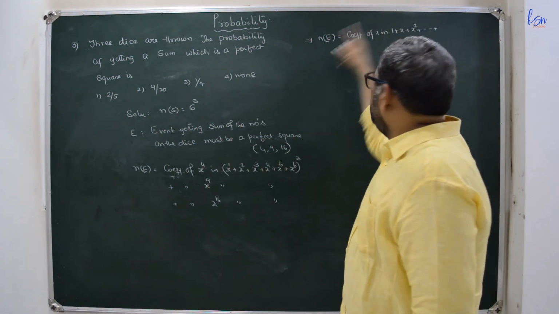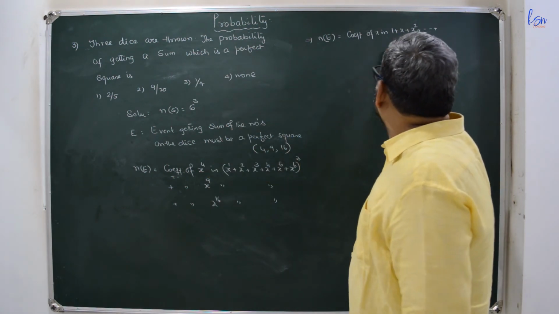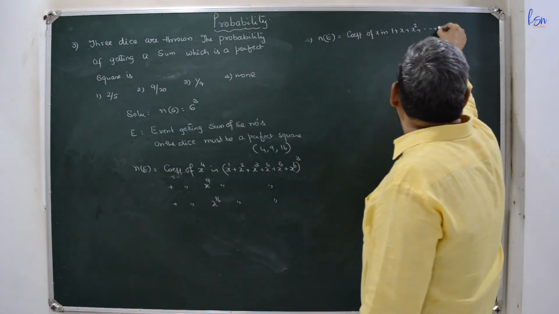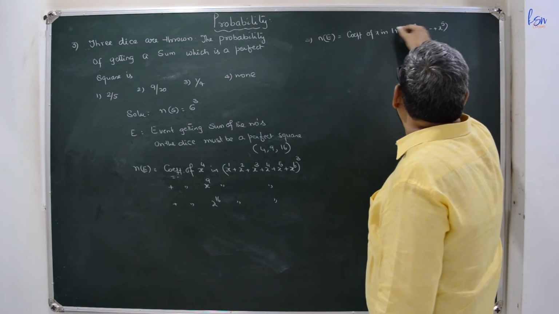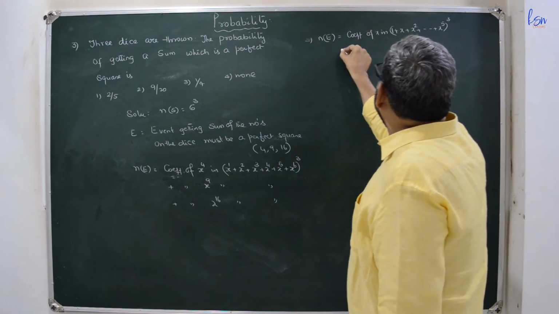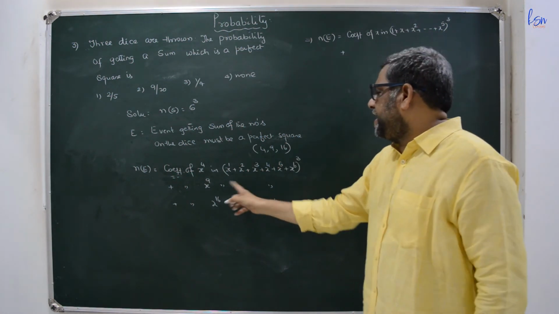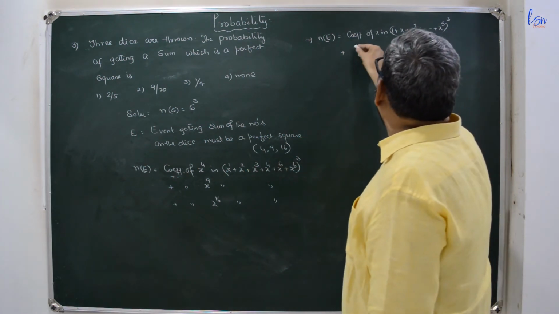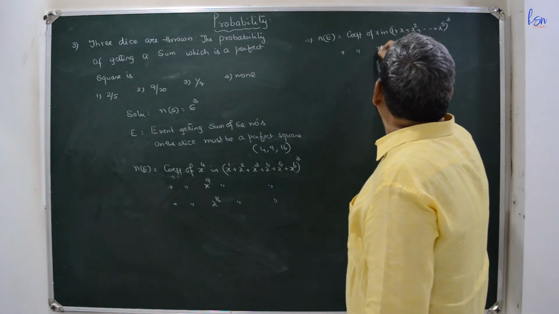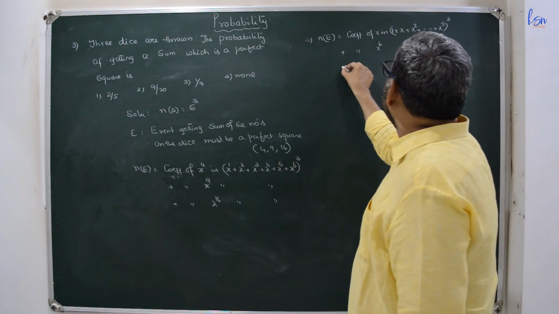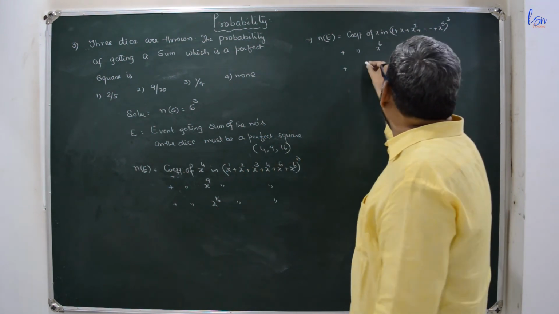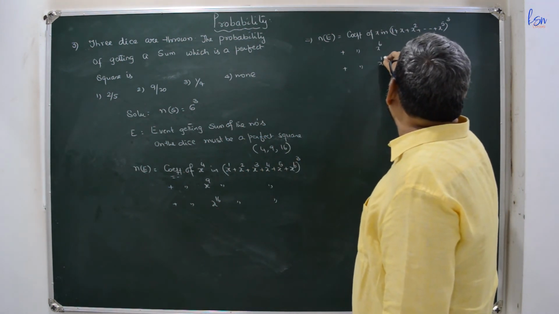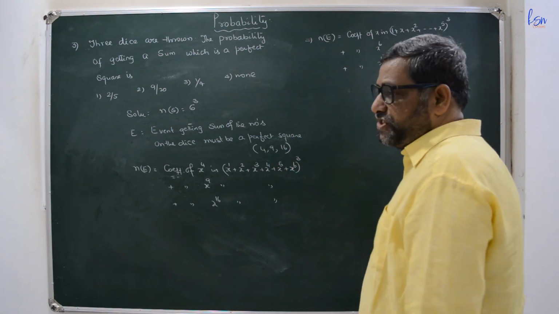So deleting x cube, I am getting the coefficient of x in (1 + x + x^2 + and so on up to x^5) whole cube, plus similarly again I will take x as common, x cube will come out, the coefficient of x^6 in the same expansion, plus here again the coefficient of x^13 in this expansion.